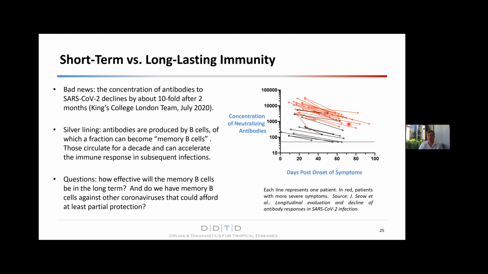Since I have this graph here, I will open another parenthesis. On this graph, the red lines are patients that were severely ill, so hospitalized. And the black lines are people that were not hospitalized. So you see that people that are in hospitals have much higher antibody titers than the others. And that's probably because they are more sick and the body is trying to fight back as hard as it can.